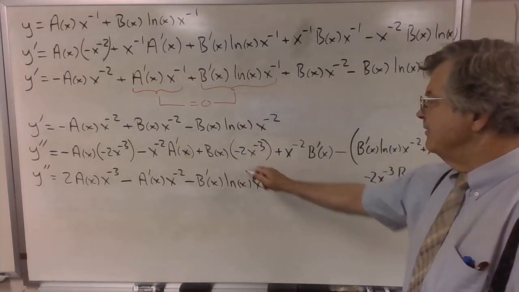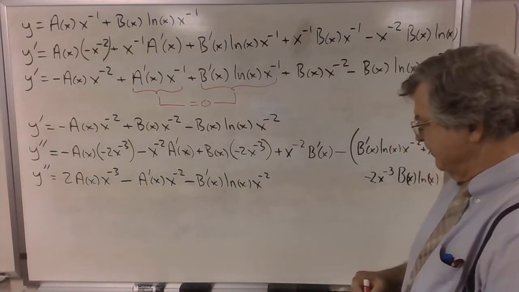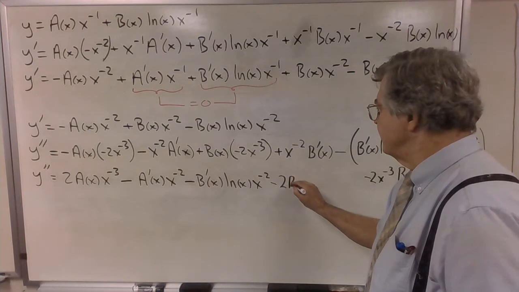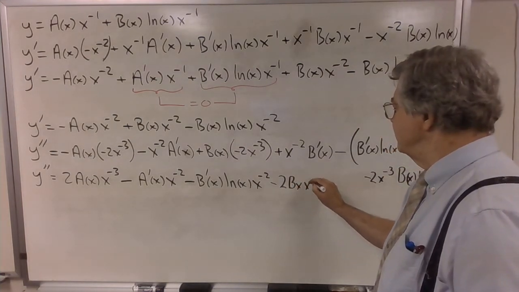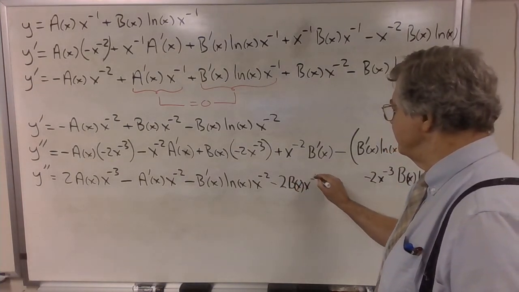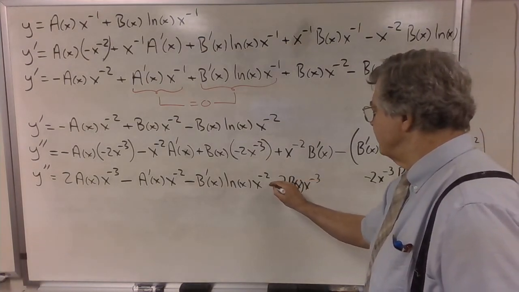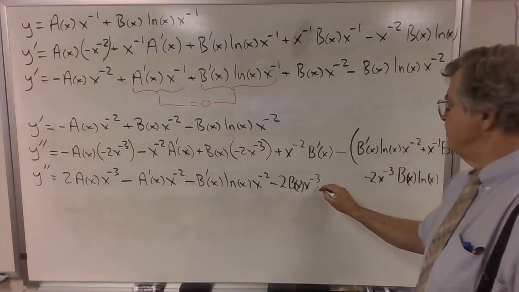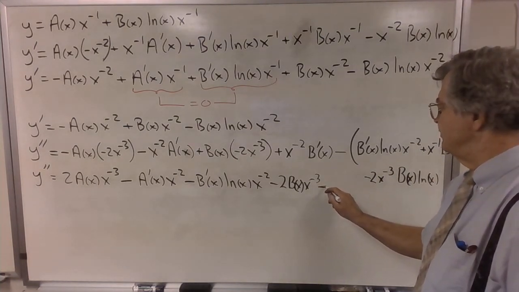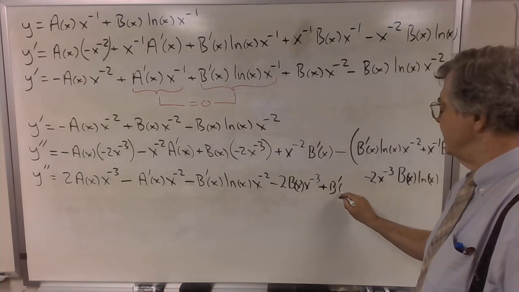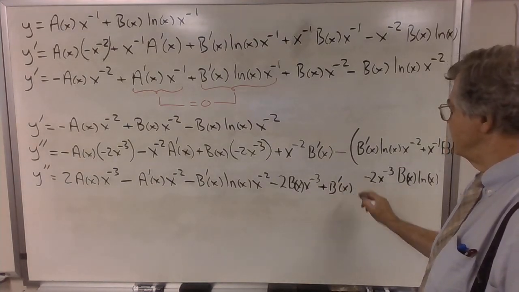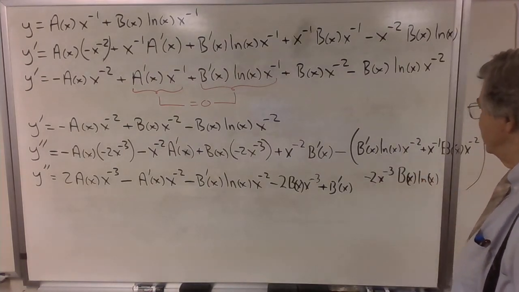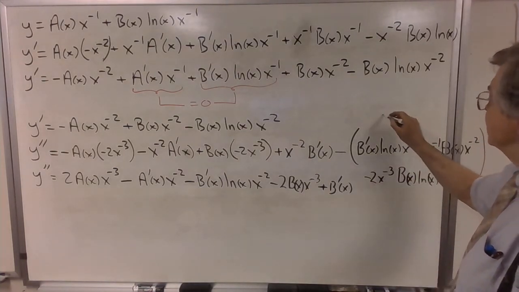So we have negative 2b of x, x to the negative 3, plus b prime of x, x to the negative 2, and I'm going to have to keep track of this.